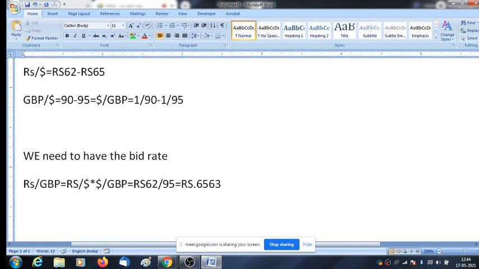So basically rupees divided by GBP equal to rupees 0.6563.